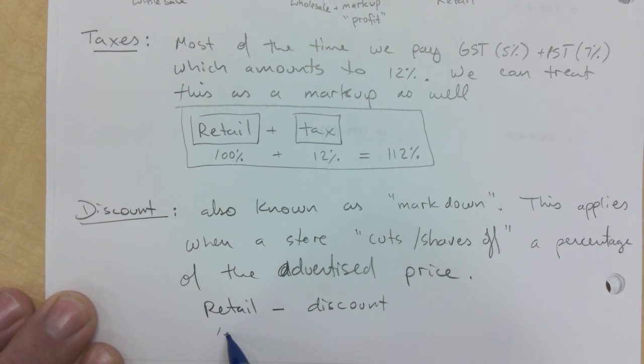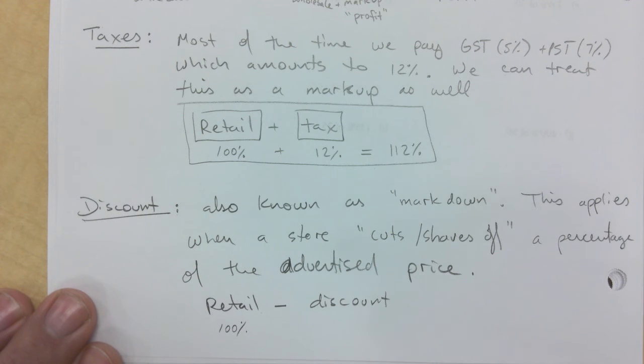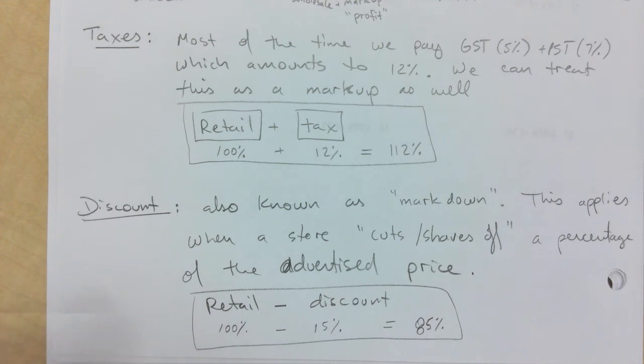Let's say the retail, from a consumer's perspective, and you get 15% off as a discount. You actually end up paying 85%. So think of it as you're paying less than the original 100% that you saw on the shelf.